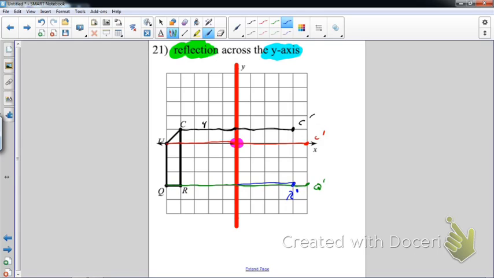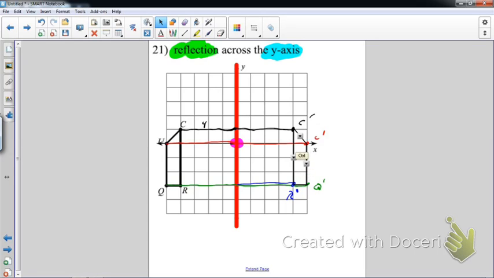And all I want to do is actually go ahead and combine these, right? So I know that we have C goes to U prime, U prime goes to Q prime, Q prime goes to R prime, and then R prime goes to C prime. And there's that shape that we were looking for, okay? Maybe I should have done it in a different color.